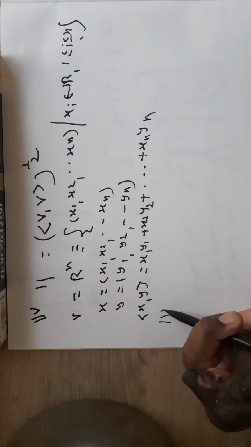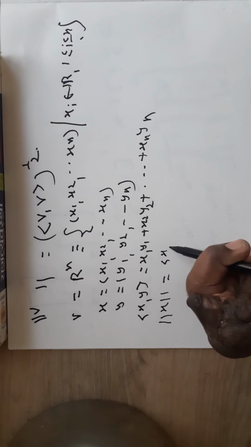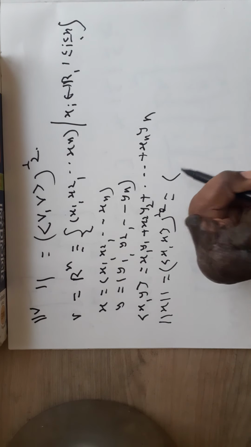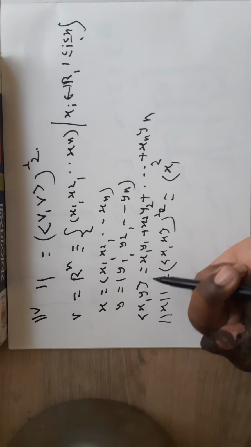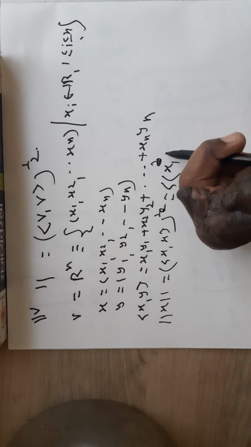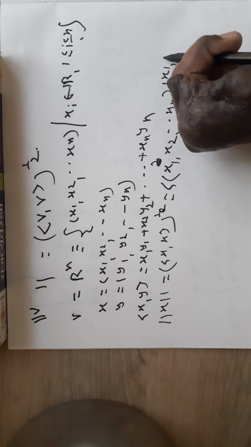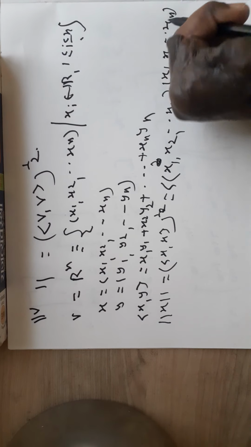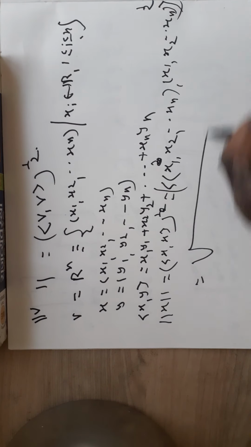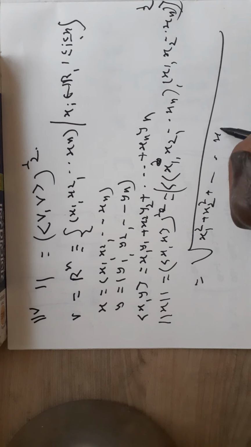Therefore, the norm of x in this inner product space is equal to angle bracket x comma x raised to power half, which is equal to the square root of x1 square plus x2 square plus ... plus xn square.